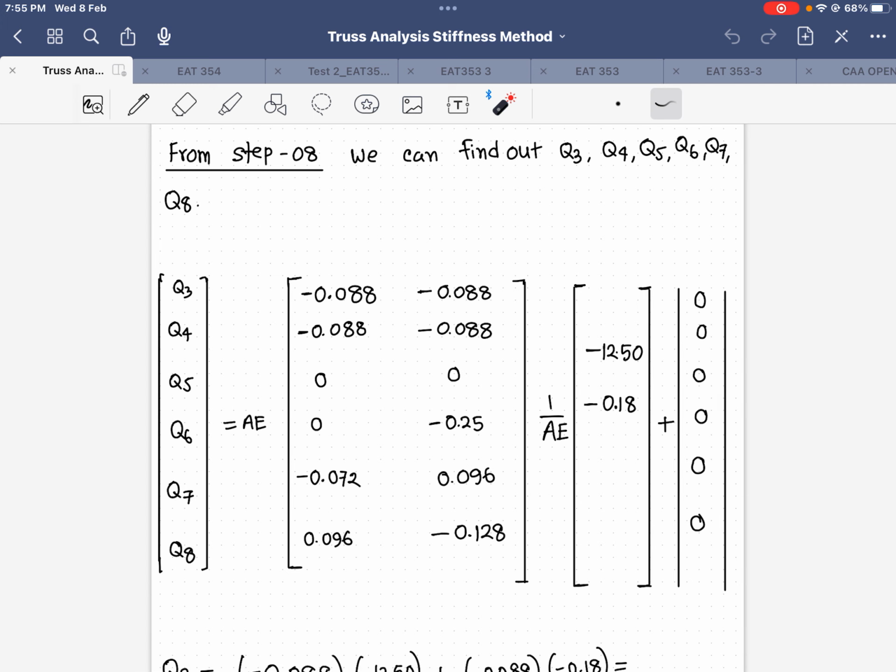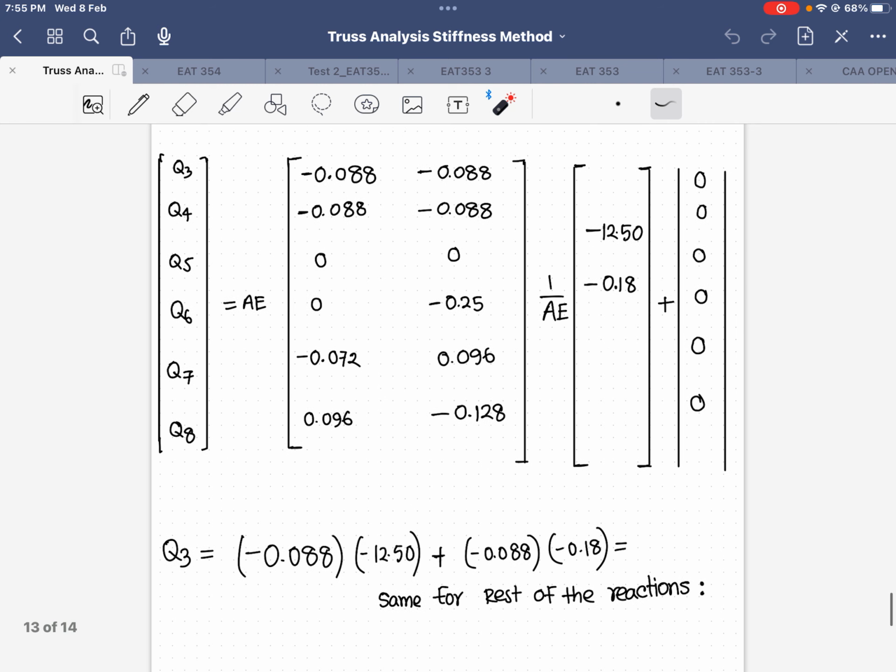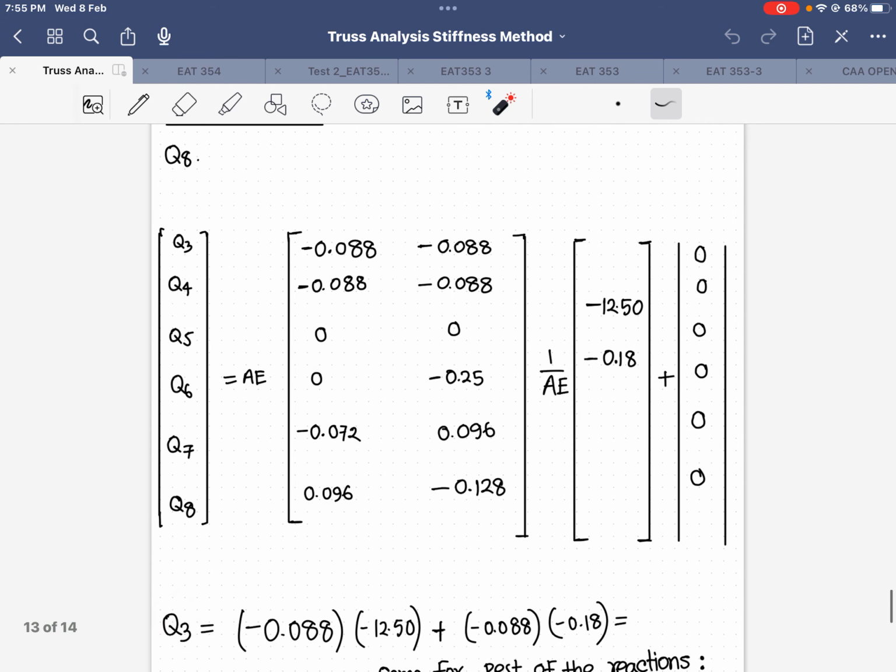You see the values d1, d3, d4, d5, d6, d7, d8 are 0, and q3 to q8 we don't know. This is the external force that we don't know, but we are going to find out. There is a formula that I multiply with 1 over e, negative 12.5 and 0.18, that I got from the simultaneous equations.